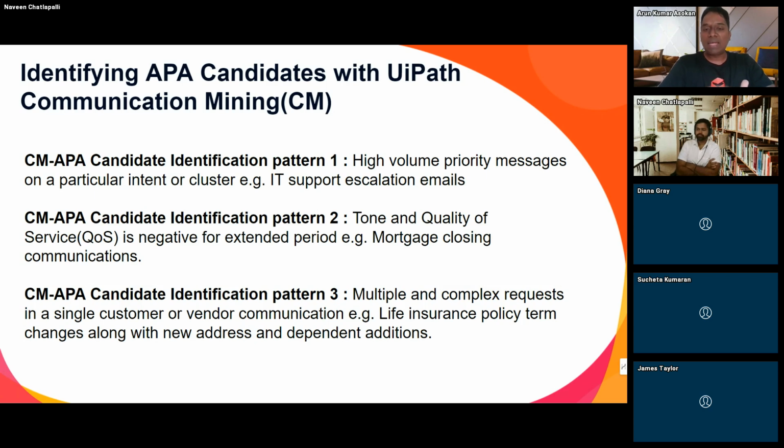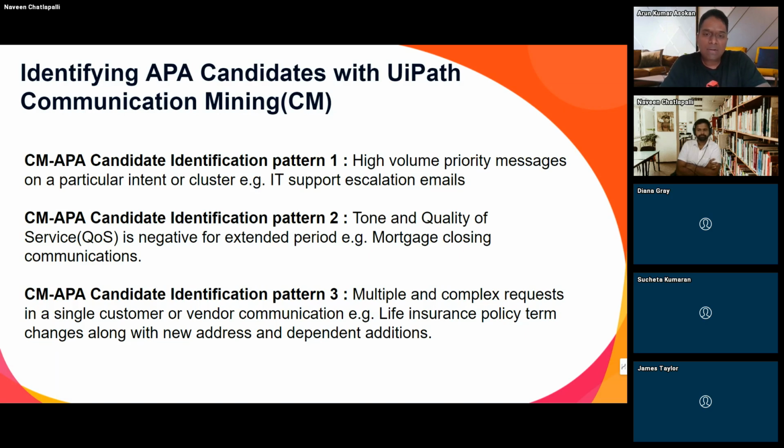Wherever there is iterative, continuous improvement, like we say continuous automation opportunity, those candidates can be identified. Just like mortgage closing, which is one of the issues that has a lot of negative scores in any mortgage company. Those kinds of automations can be picked up by this communication mining tool.